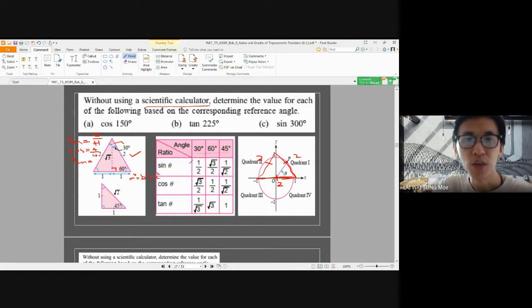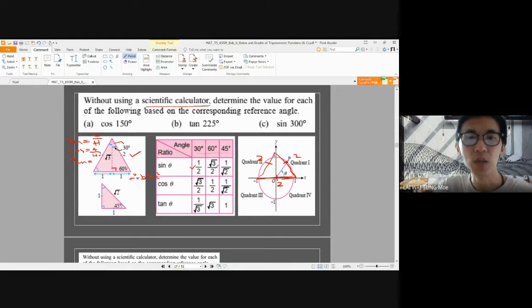For example, sin 30: 30 degrees is this angle. When you want to find the sine, you use the opposite side, which is 1, over the hypotenuse 2. So that's why you get 1 over 2. And for sine 60 degrees, you use the opposite side, which is square root of 3, over the hypotenuse, which is 2.